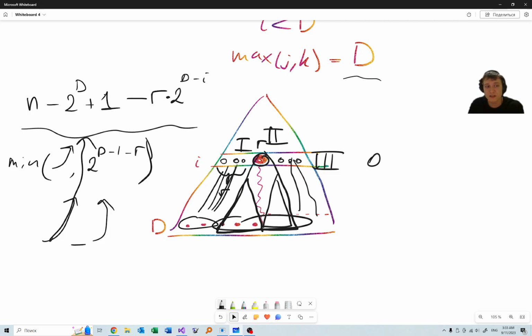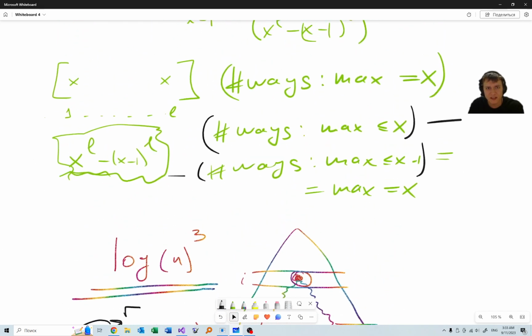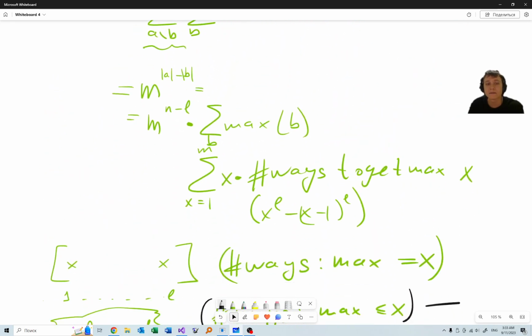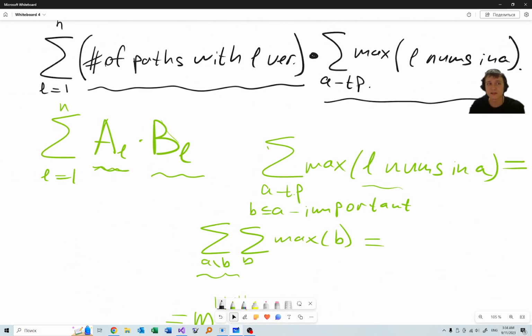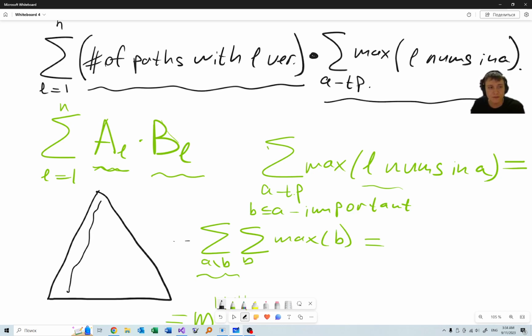I think I will just finish with this problem. I think I explained it well. The important thing is here I iterate from 1 to n, but it is quite big. The important observation is that actually L cannot be quite big. Any path should go from some layer to some upper layer, and then from some upper layer to some lower layer.